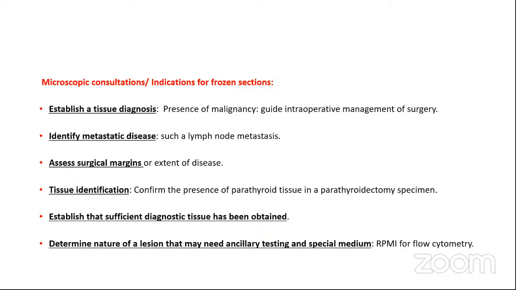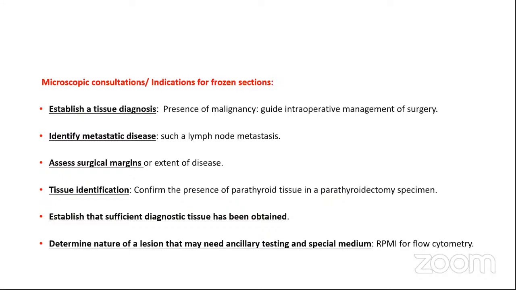The other indication is identifying metastatic disease, such as lymph node metastasis. When we have a breast cancer, the surgeon wants to know if there is metastasis into a sentinel lymph node. When they are doing a Whipple procedure and pancreatectomy, they want to make sure that the lymph nodes are negative before they start with the procedure.